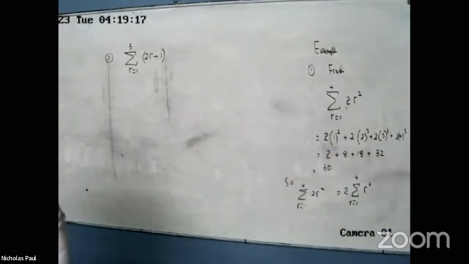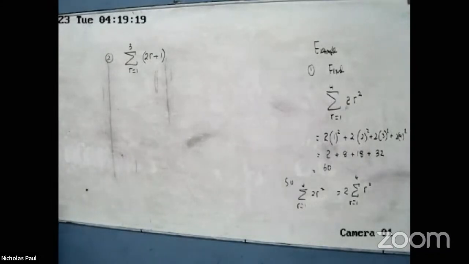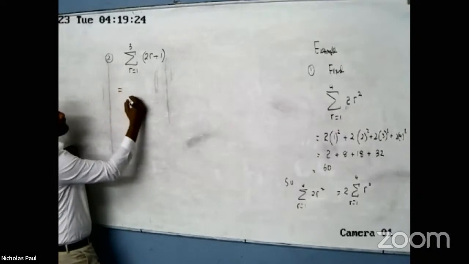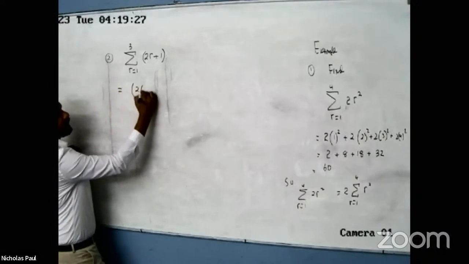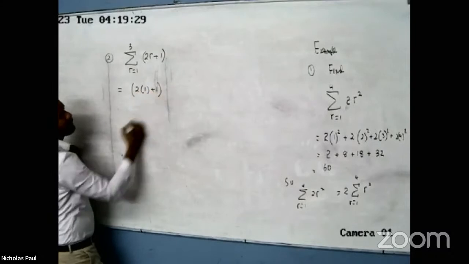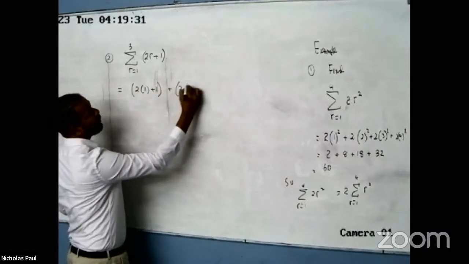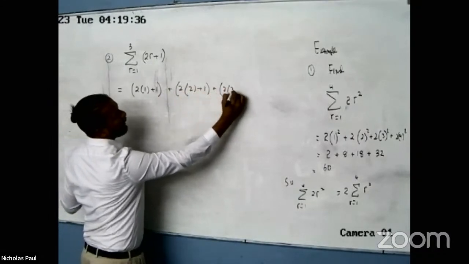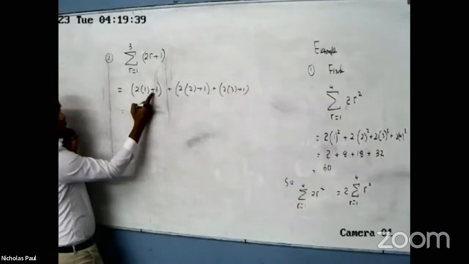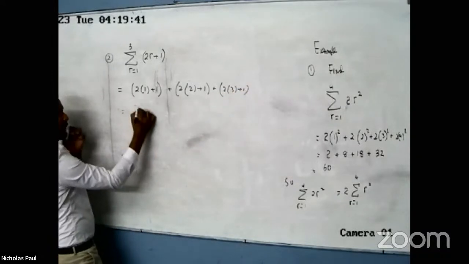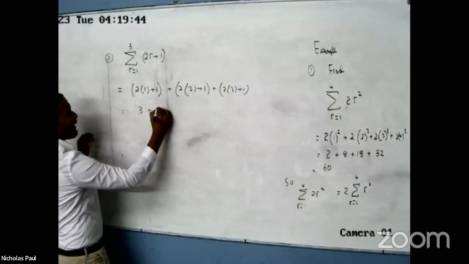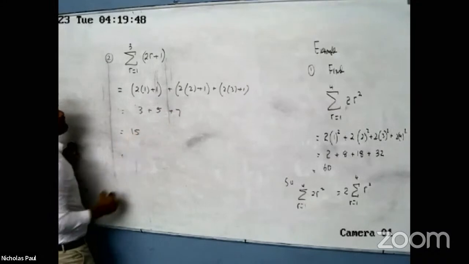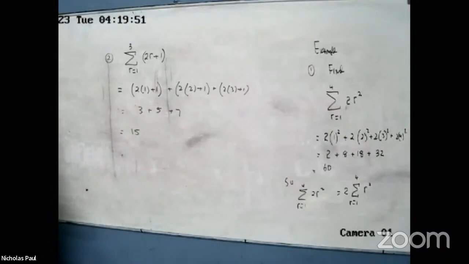Next. Guys, so your first term is what? Your first term is 2 by 1 plus 1. Second term is 2 by 2 plus 1, all right. Then 2 by 3 plus 1. So this is 2 and 1 is 3. This is 4 and 1, 5, 6 and 1, 7. So that's 15. Right? Yeah.